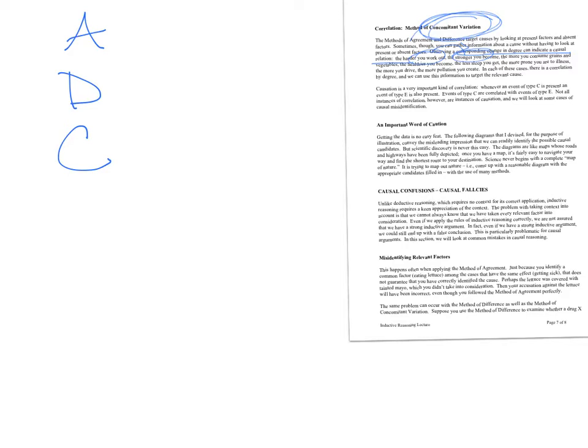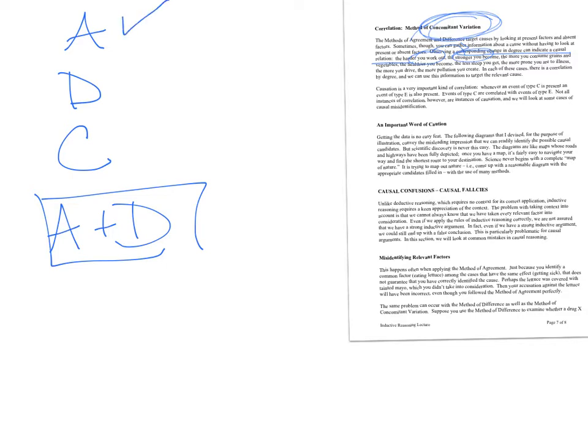And then the joint method, which uses the method of agreement and the method of difference, and is commonly used for drug testing, and it's more thorough than using either one of these alone.